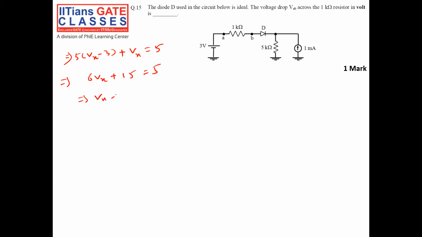So Vx is equal to minus 10 by 6, which is minus 1.66.